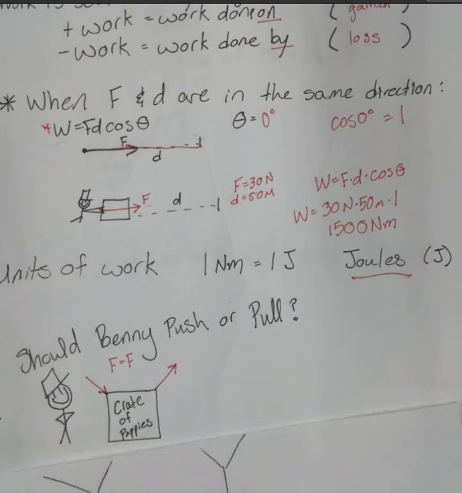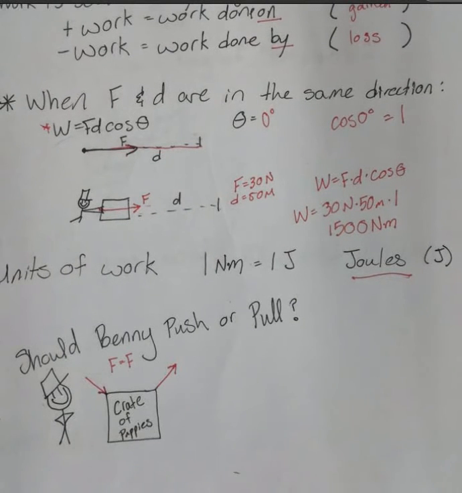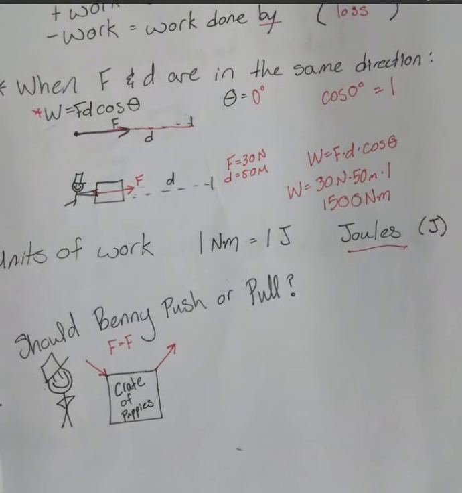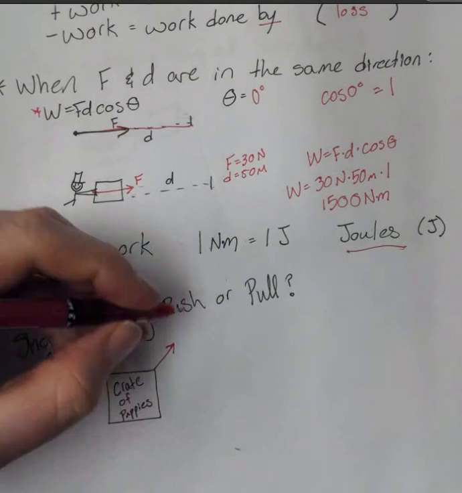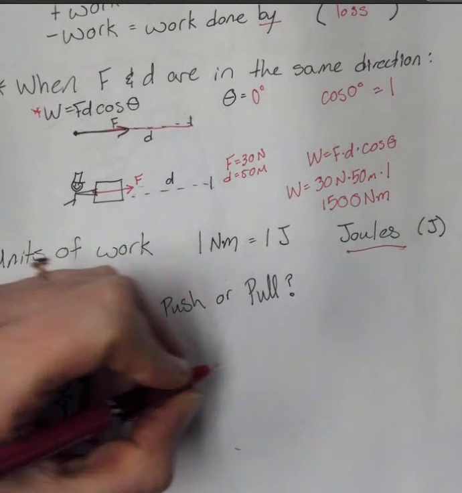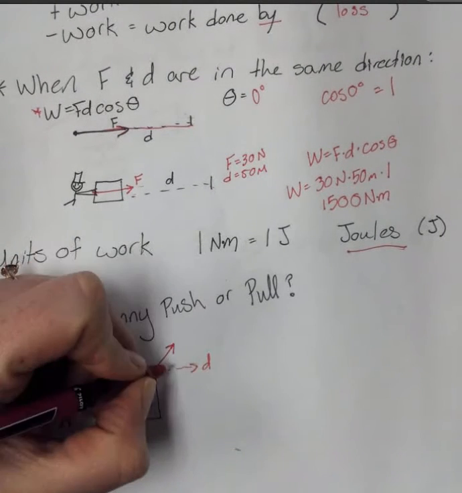So here we can take a look at a situation where we're considering amounts of work done. All right, imagine the same force Benny is going to apply. So this force and this force are equivalent. We're also going to establish the displacement is in this direction.